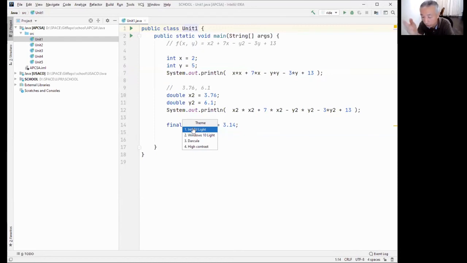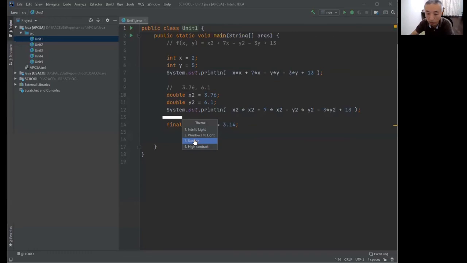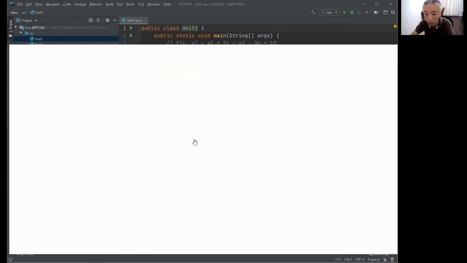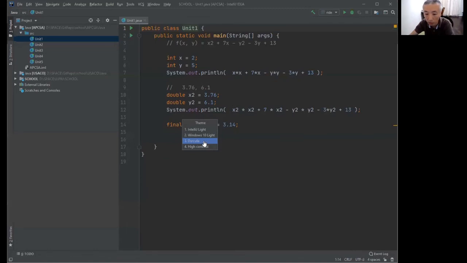As a 20-year developer, let me tell you, this really hurts your eyes. At least it hurts my eyes. If I'm going to work a long time on the computer, I will definitely choose this one. So this one makes everything look much easier for me.